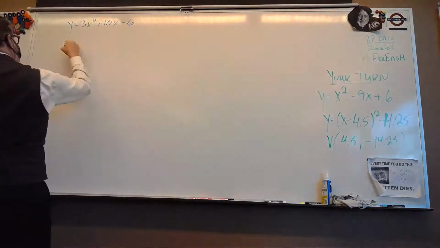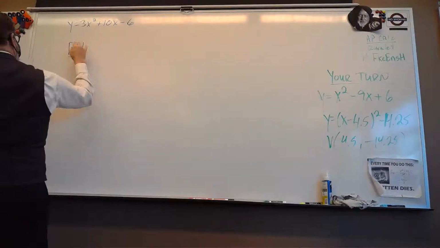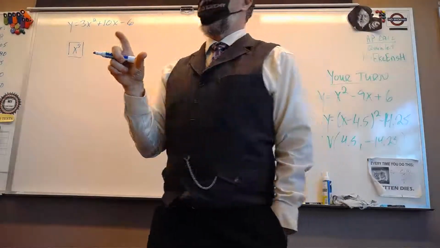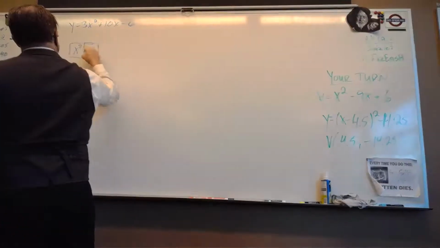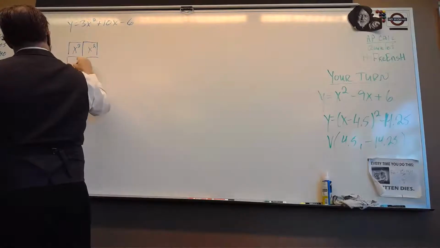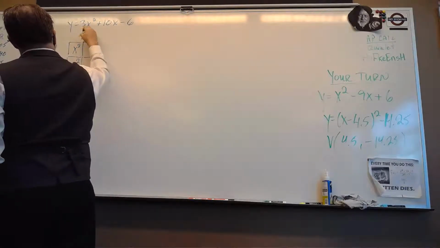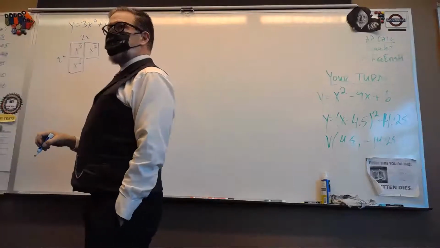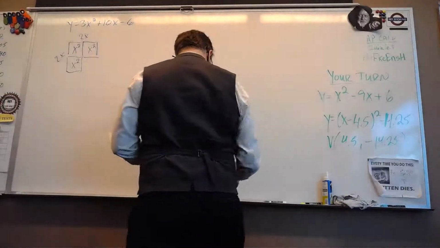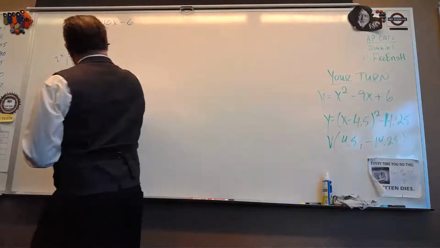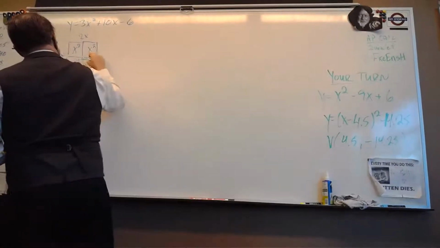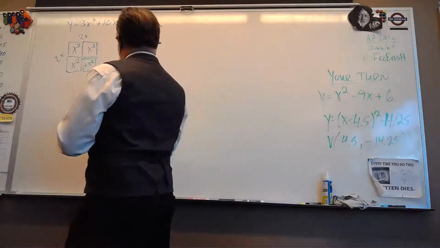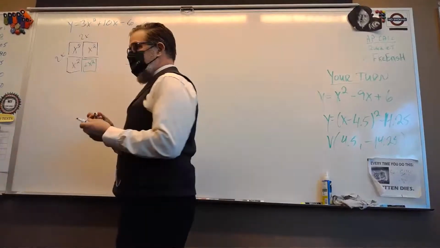But if I want to draw this as algebra tiles, obviously I can't make one square with 3x squared tiles. If I try to do that, what I get is 2x here and 2x here, which is fine, except that then I have to add an x squared tile to make that an actual square, but that means that I have to subtract x squared on the outside.